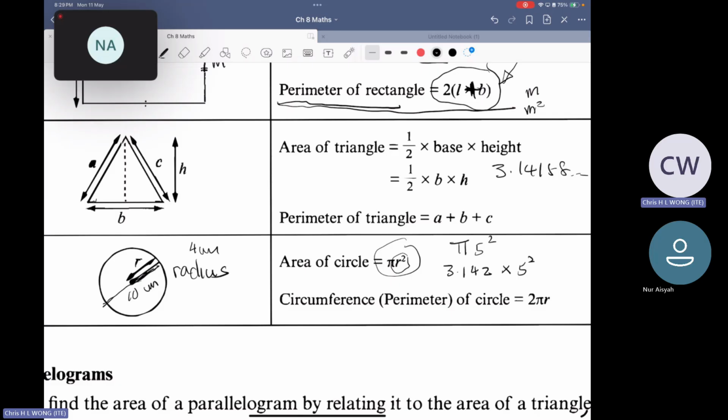For the full length of a circle, full length is called diameter. So 2r is the same as 2 radius, right? 2 radius gives you pi d, isn't it? And some people use pi d. D is actually 2r. Same. Yeah. Okay.